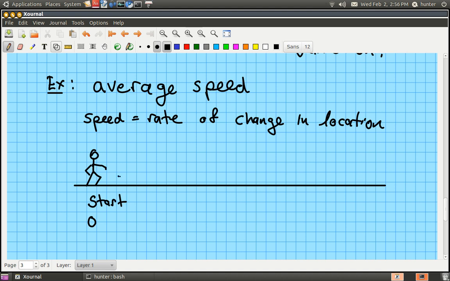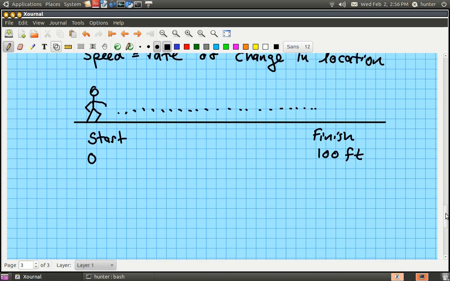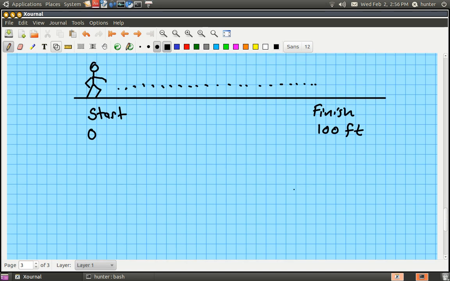Let's just call this location 0, and then they're going to walk or run, and they are going to finish later. Let's say they go 100 feet. All right, so let's make a graph of their location and time.